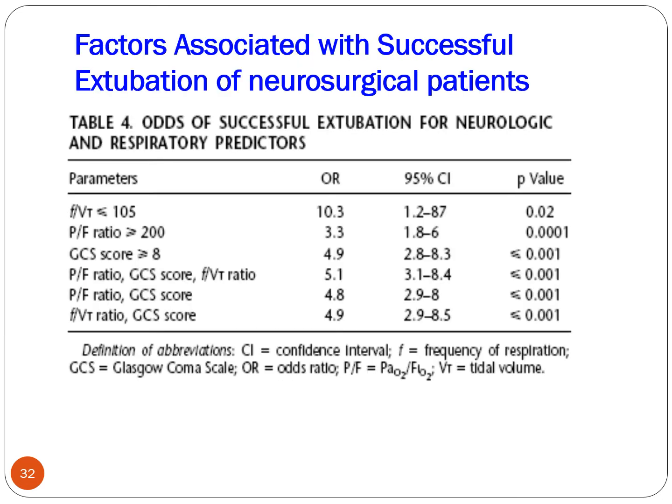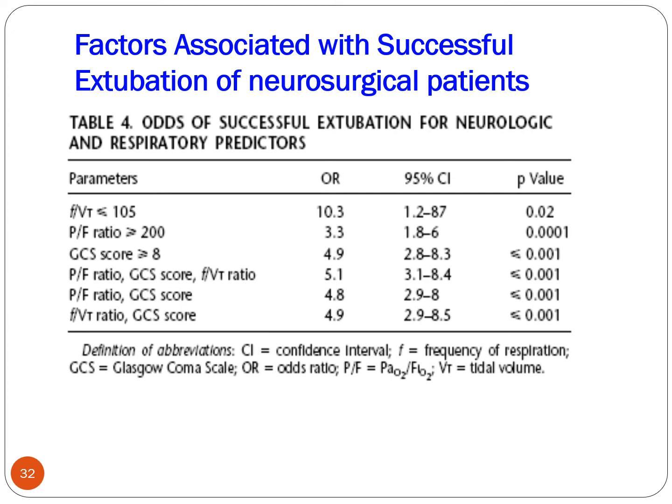So when you look at the factors associated with successful extubation, what they did, all those patients who were finally extubated in the neurosurgical unit, those who required reintubation versus those who did well with extubation, they found certain things that stuck out that made the patient more successful to be extubated.